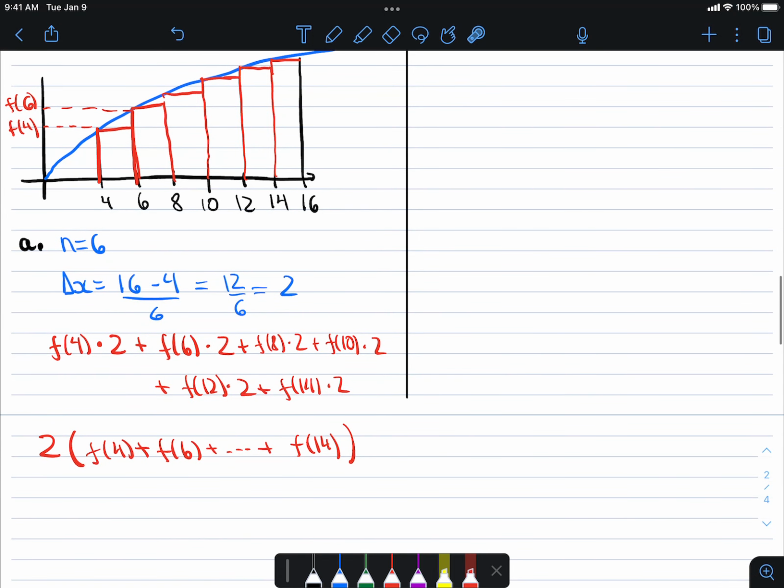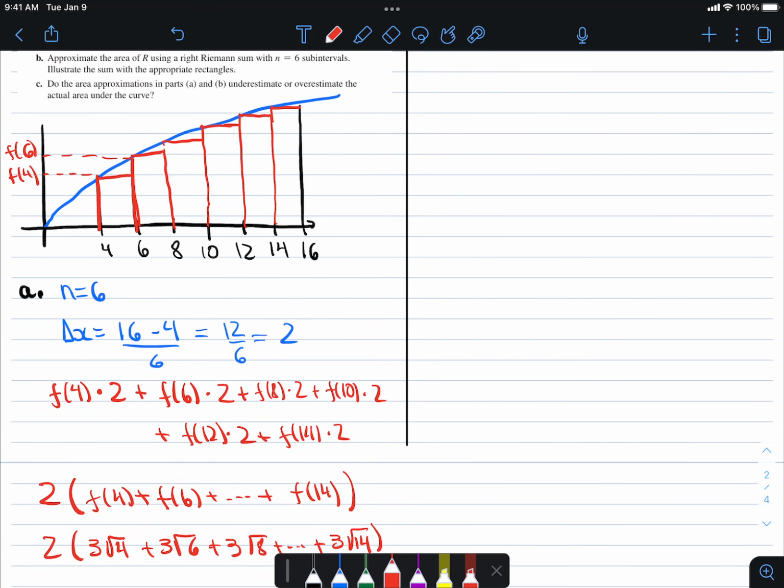And now all that is left for us to do is to perform this calculation. It's 2 times 3 root 4 plus 3 root 6 plus 3 root 8, and so on, up to 3 root 14. It's not going to look necessarily pretty. You can simplify that if you want. Use a calculator, depending on what the problem's asking you. But that is our approximation.